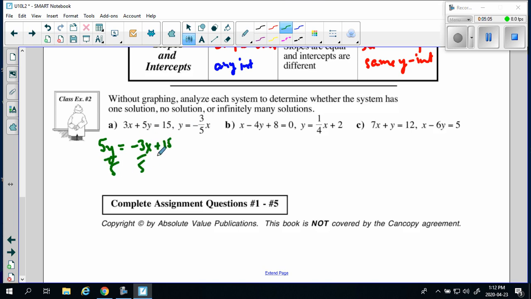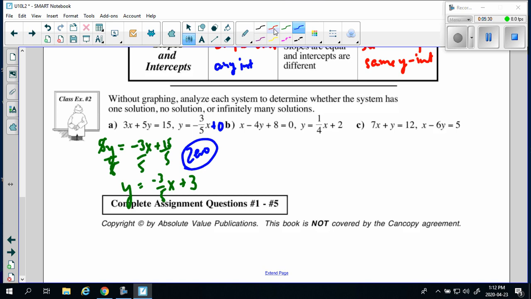Then we divide everything by 5. So you can see that here is the equation in slope-intercept form. There's the green one. That one's already in slope-intercept form. And you can see that they have the same slope, but different intercepts. This one has an intercept of 0. So that means that the lines are parallel, and there will be 0 solutions in this case.